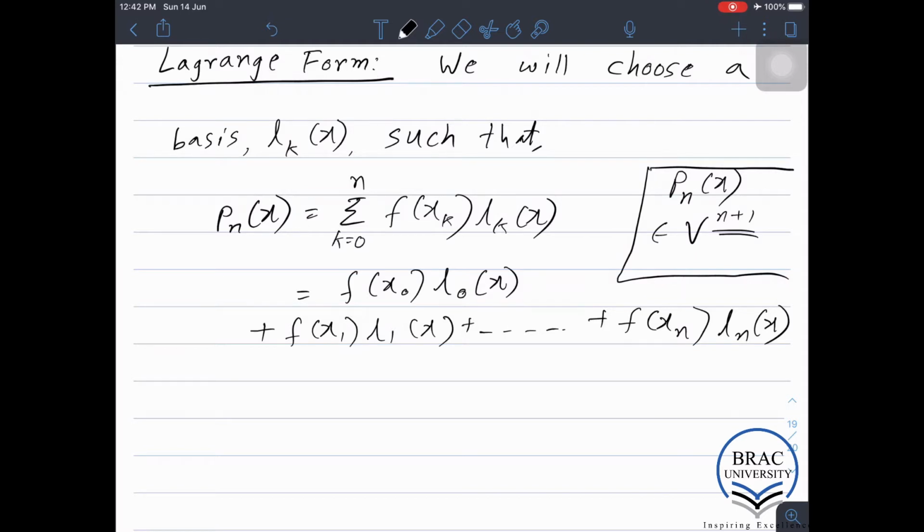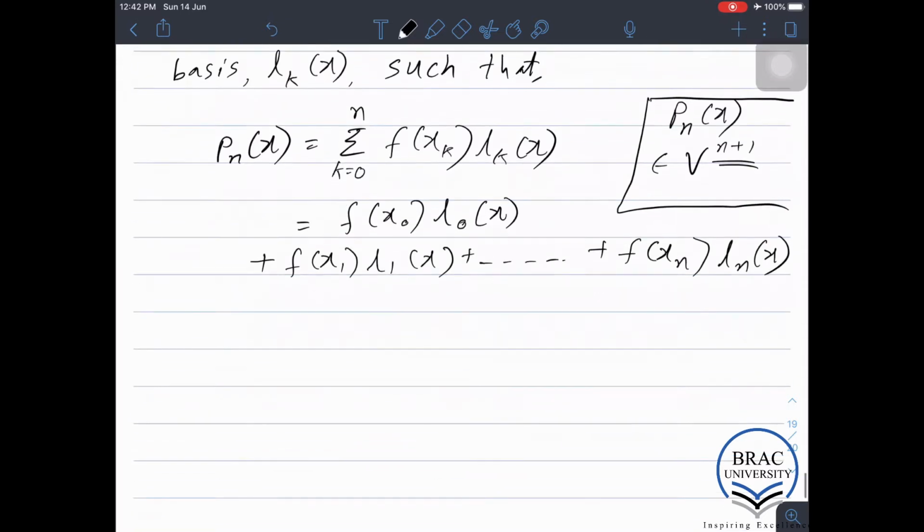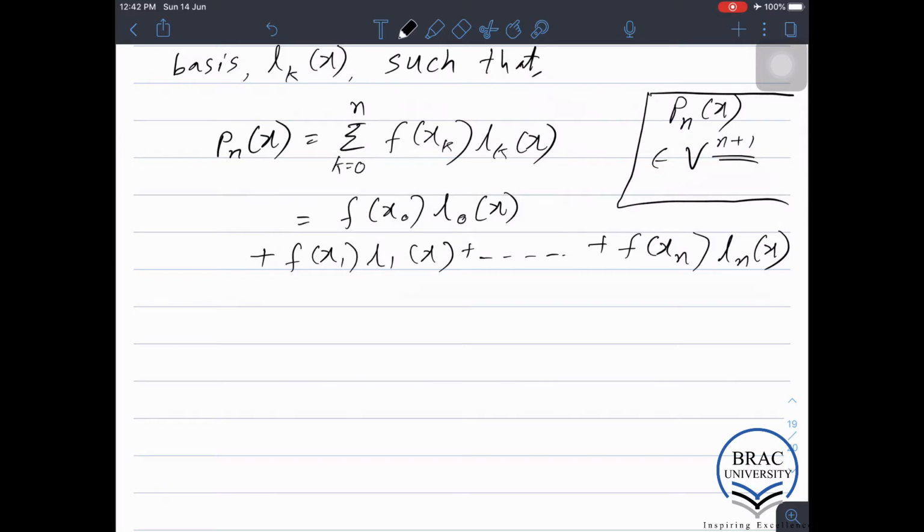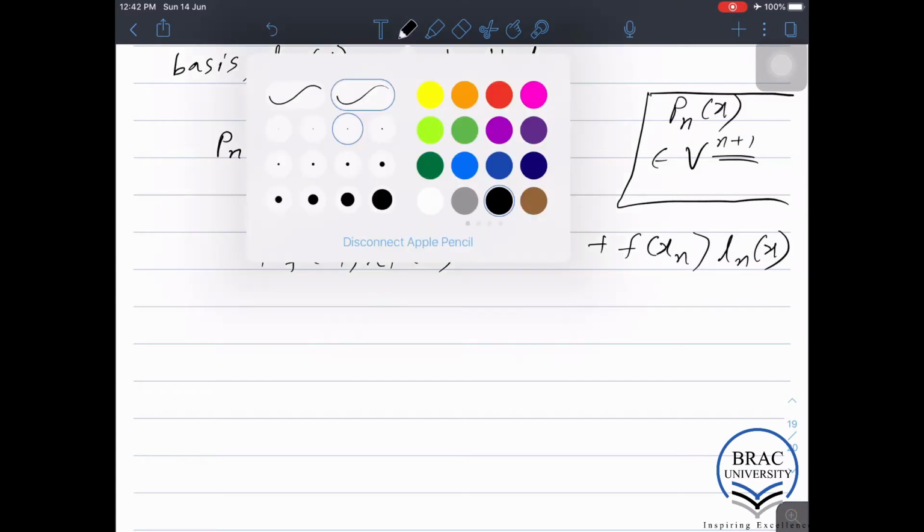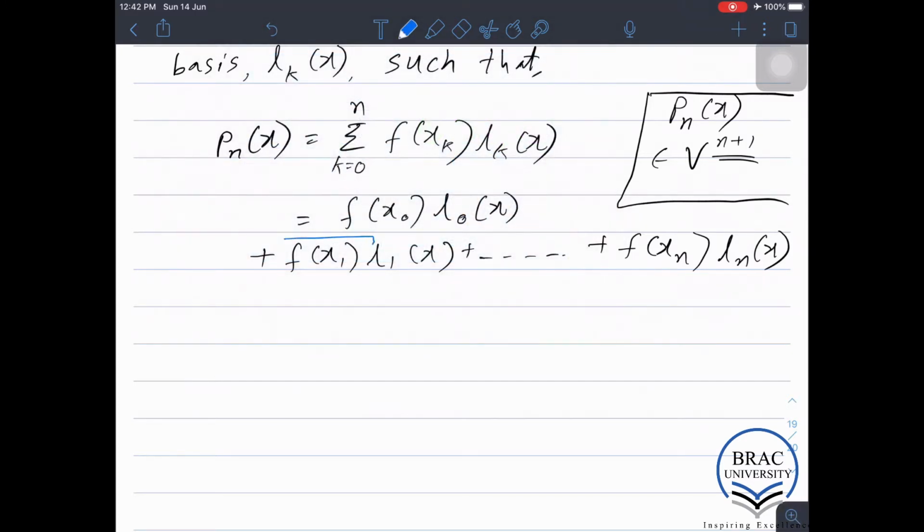What we can see from here is that if I write the polynomial in this basis, we already know the coefficients, because these are the values of the function at the nodes.